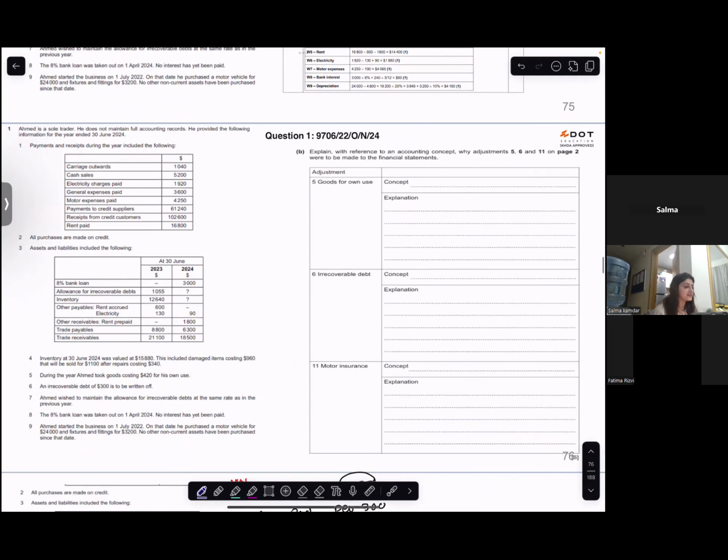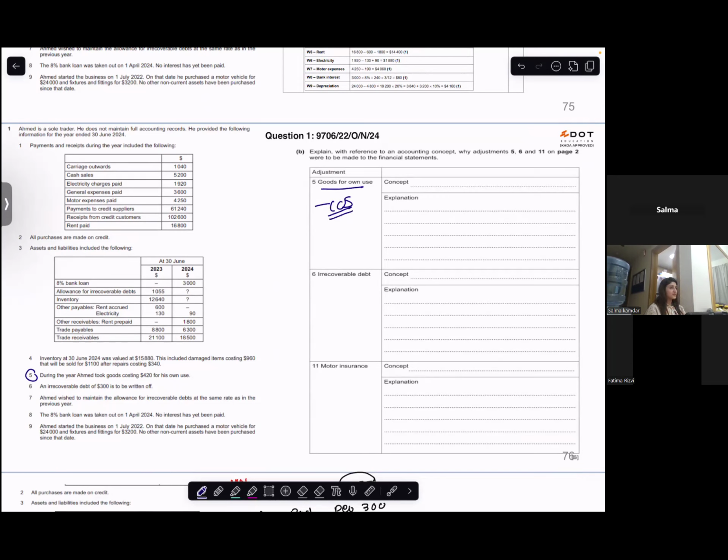Now we have this part. We have to explain with reference to accounting concepts why adjustments 5, 6 and 11 were to be made in the financial statements. 5. Goods for own use. What do we do for goods for own use? You minus from cost of sales.